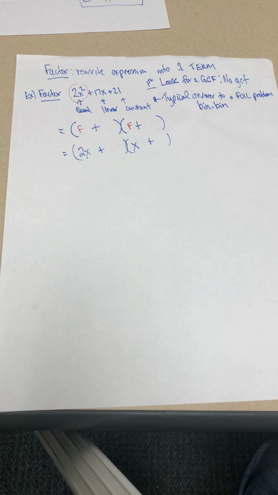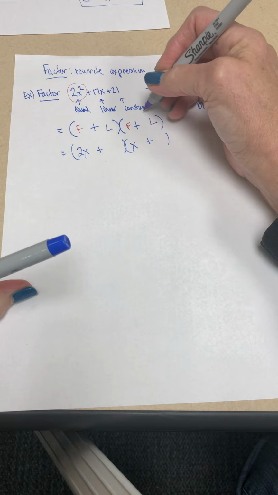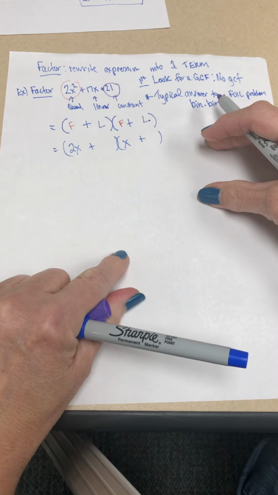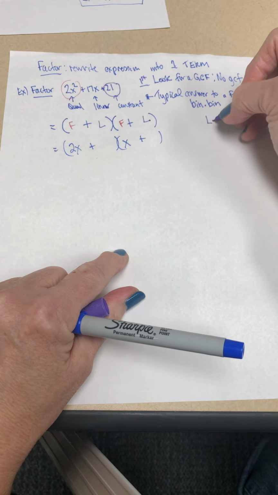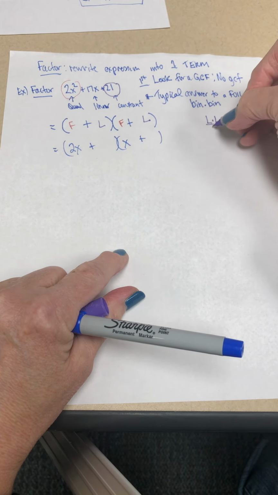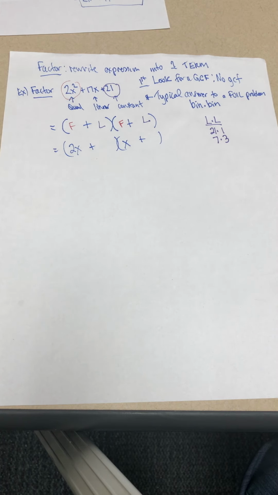Now the next thing I'm going to remember is that last times the last, that's how I get the 21. Now, I'm not real sure because there are a couple options here, so I'm going to look at these. Two numbers that multiply to 21 could be 21 times 1, or it could be 7 times 3. Now, at this point in time, it's an educated guess.